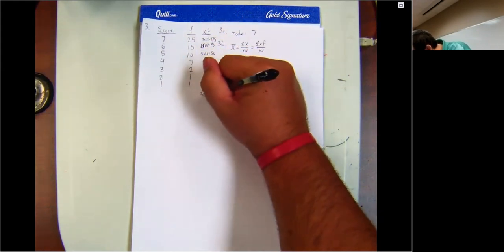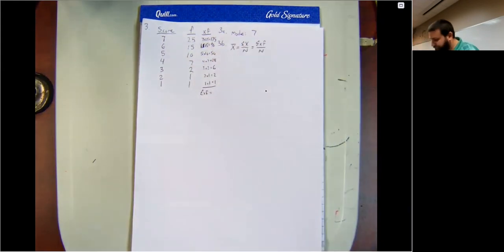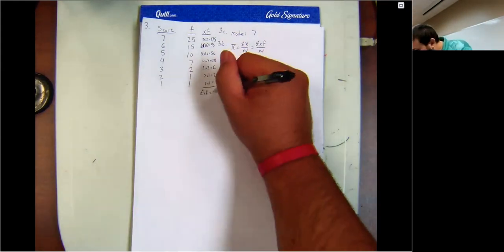If we take the sum of this column, it's sum of x times f. So 175 plus 90 plus 50 plus 28 plus 6 plus 2 plus 1 gives us 352.